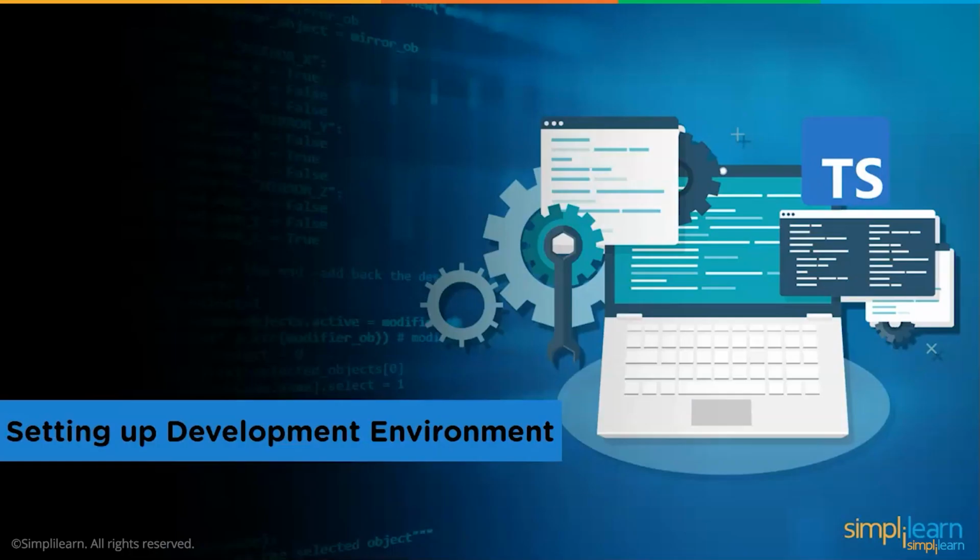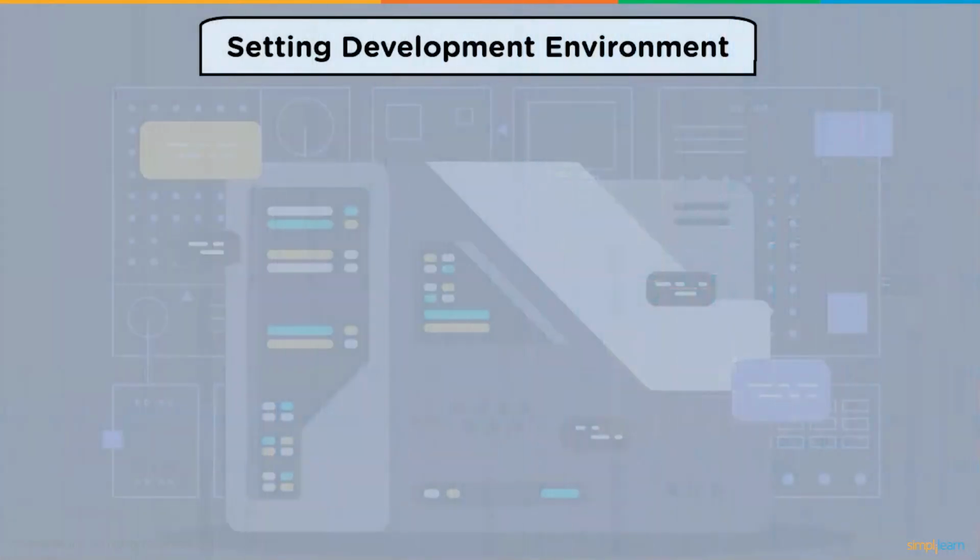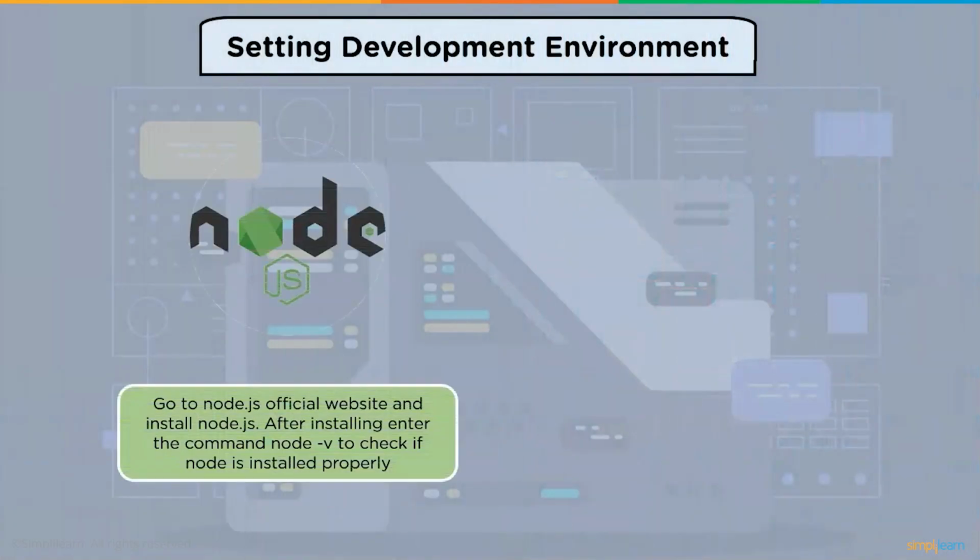Setting up development environment. Firstly, we need to go to the Node.js official website and install Node.js. After installing, go to the command prompt and type the command node -v to check if Node is installed properly.